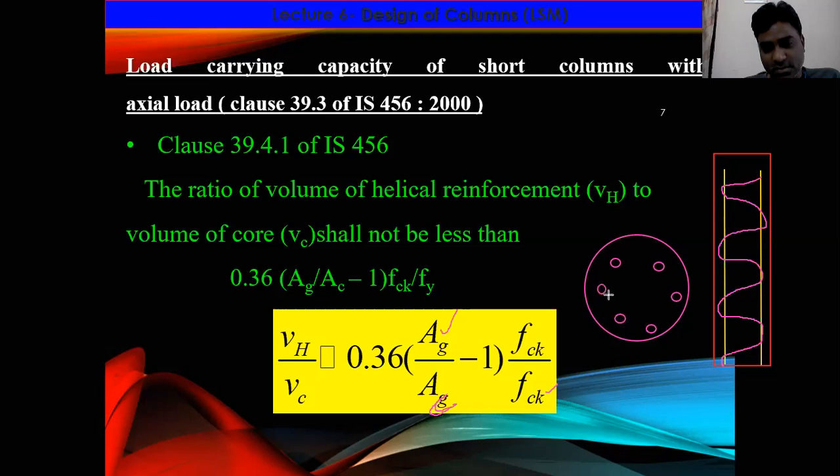By tying all these reinforcement, you can see the diameter of this helical reinforcement. So I would like to draw that diagram, may not be exact. You can draw this. So this is for your helical reinforcement. If I draw the thickness also, it will come like this.